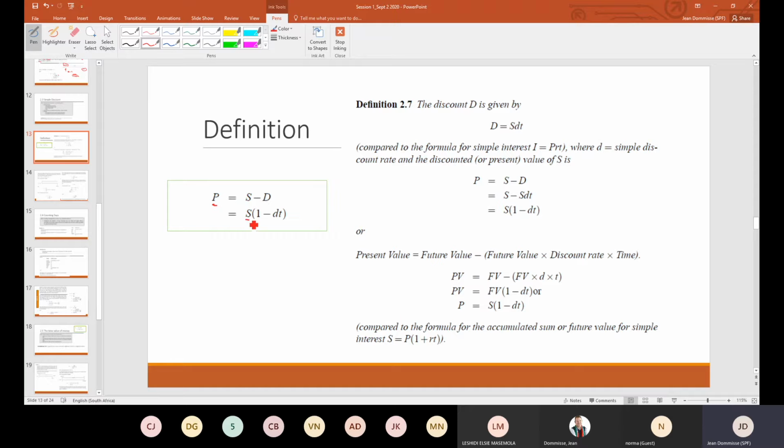You have your future value, but you will subtract the discount interest, or the simple discount rate. So out of this, again, you will have been able to work out the value of that simple discount interest. So again, also important when we talk about the discount rate and when we talk about the value of that discount.